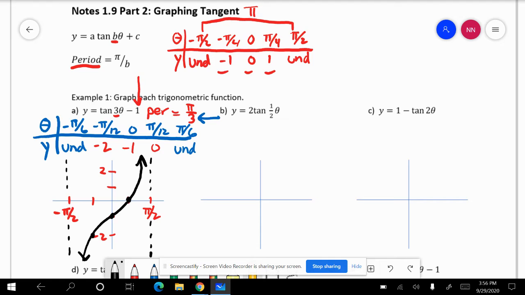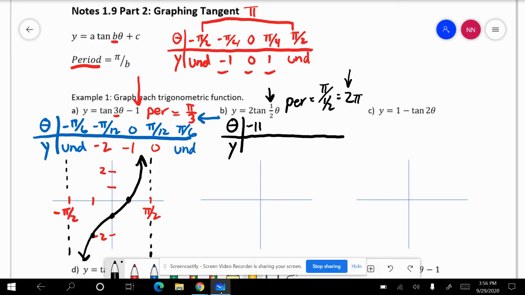So looking at letter B, when we're trying to figure out our period, we use our frequency of 1/2. So it's going to be pi divided by 1/2. We multiply by the reciprocal to get 2 pi. So that means we're doubling each of our values in the table. So when we come up with our table of values, instead of the negative pi halves, we're multiplying it by 2.